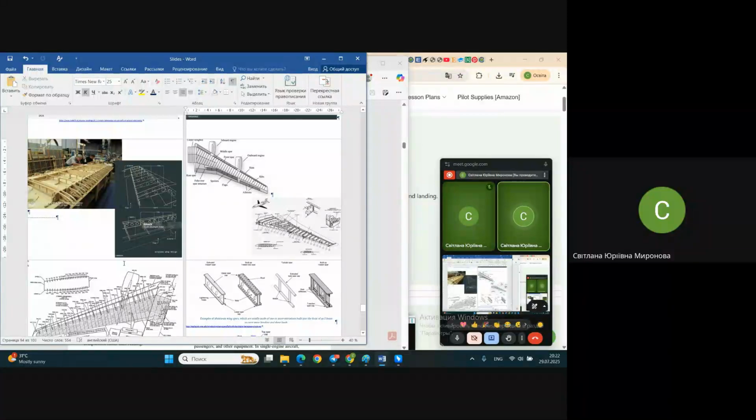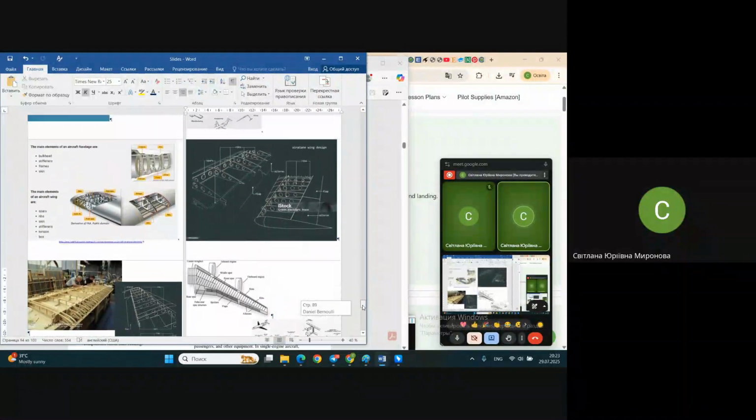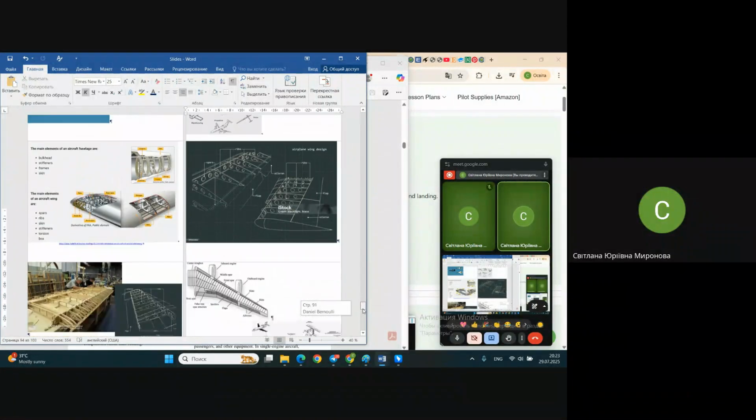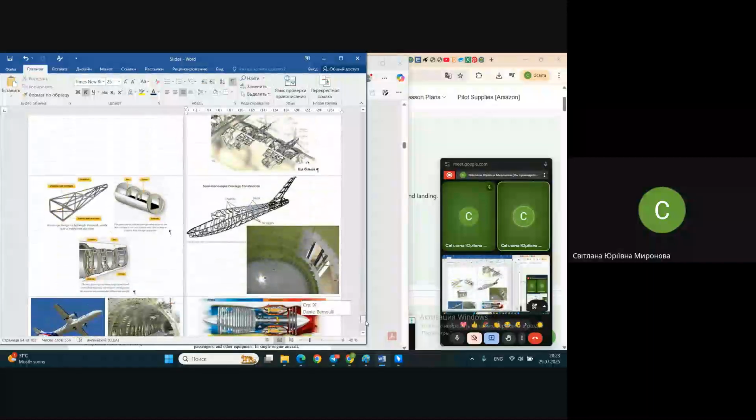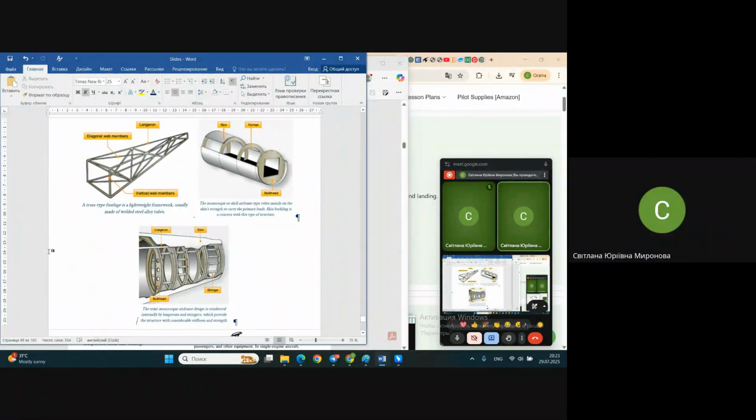Is this inner structure always repeating the outer shape of the airplane like this or not? Actually, it's not. I should maybe have started even with another place here or here in order to say that here it's about fuselages, but a similar story may be about any element of aircraft structure.